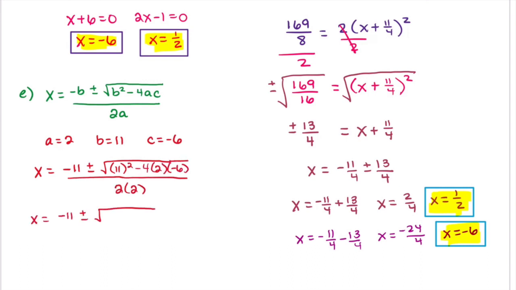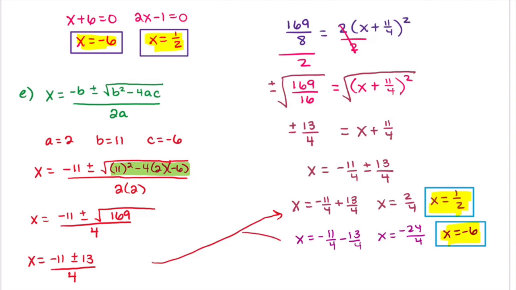I'm going to input all of this into my calculator under the square root, not with the square root, all divided by 4. And again, we will get x is equal to negative 11 plus or minus 13 all over 4, which is the same exact thing as this and this if we were to split it up.